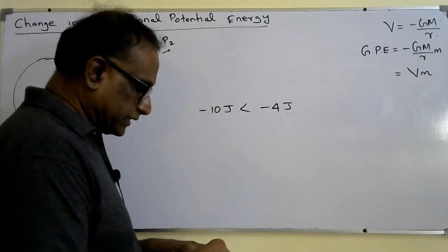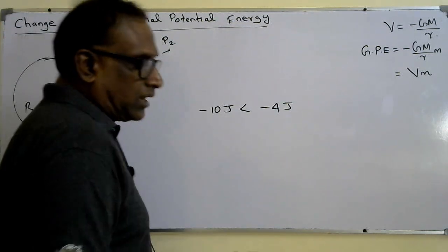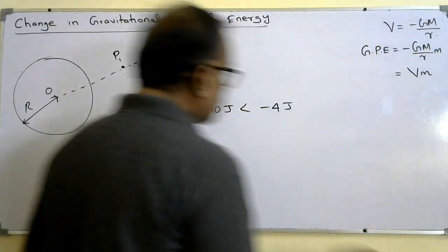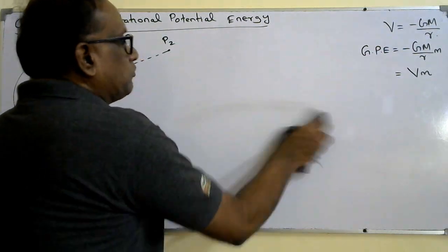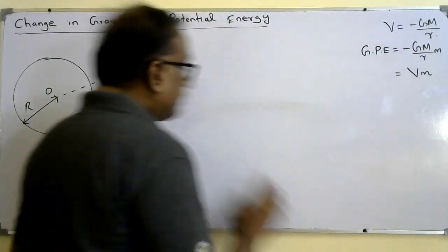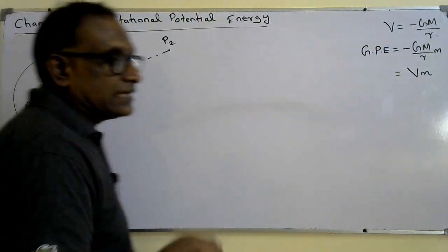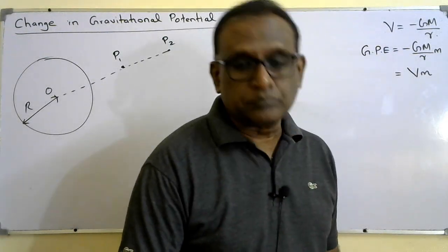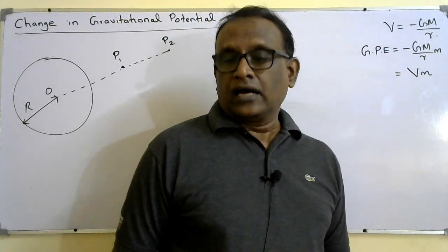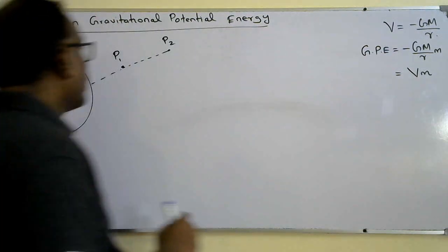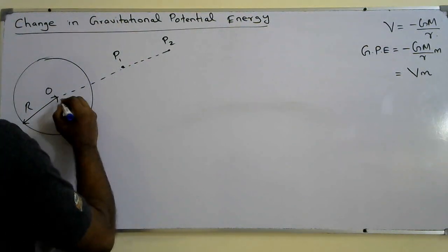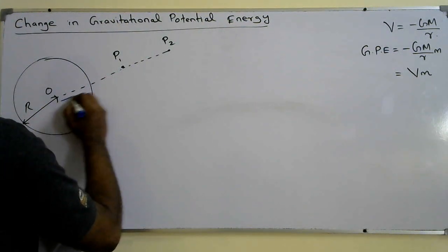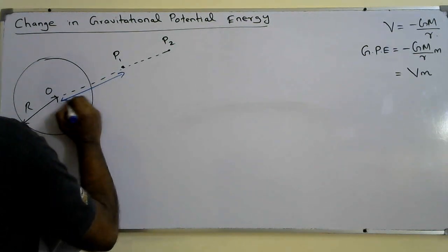Okay, so when an object moves away from the planet, what will happen? It will gain gravitational potential energy. So imagine a point P is at a distance r from the center of the planet. I will make it R1.